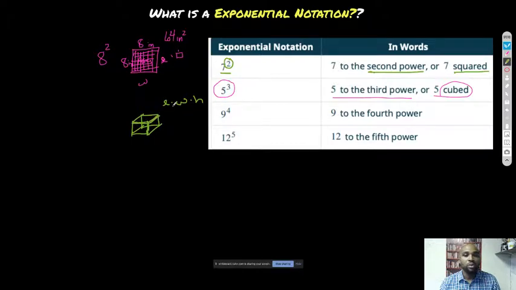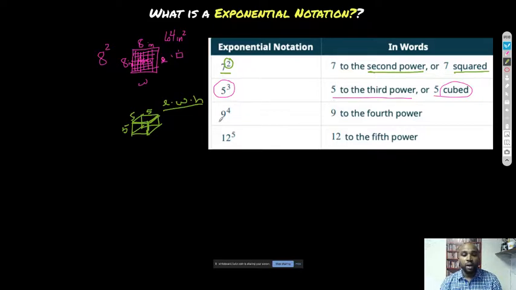It doesn't matter which one is which, because they're all going to get multiplied and come out to the same answer. In this instance, we're wondering how many little cubes will fit inside this box, or this big cube. In this case, it'd be a perfect 5 by 5 by 5, so every side, every edge will be 5. So that's where the names come from. And those are the most popular that we'll use, squared and cubed, in real life.